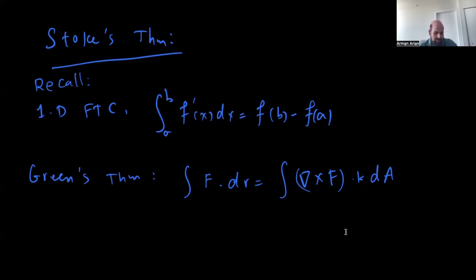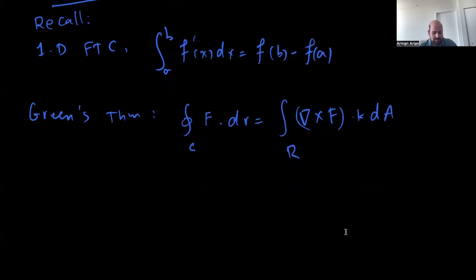So the integral of F dot dr on some curve C is equal to the integral of curl of F dot k dA on R. So in this case, we have C as the boundary of R, and k is pointing towards the positive z direction.